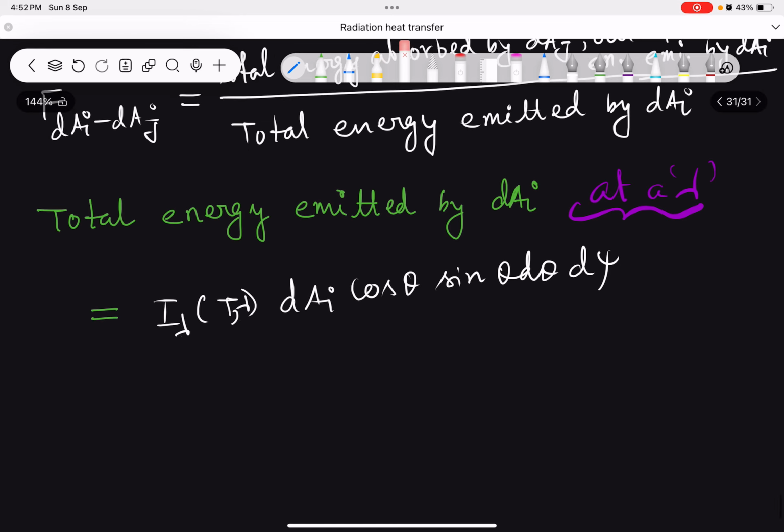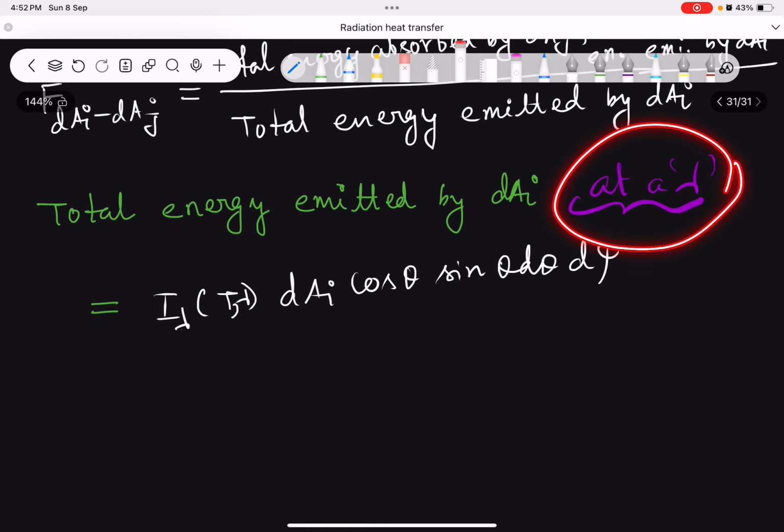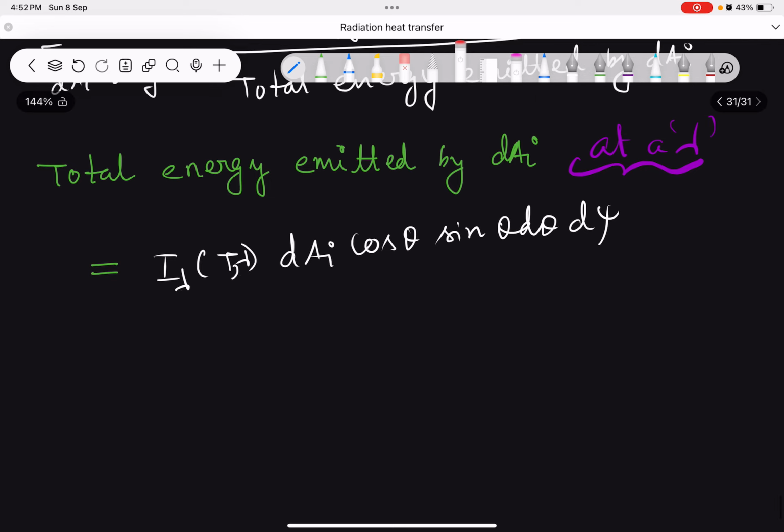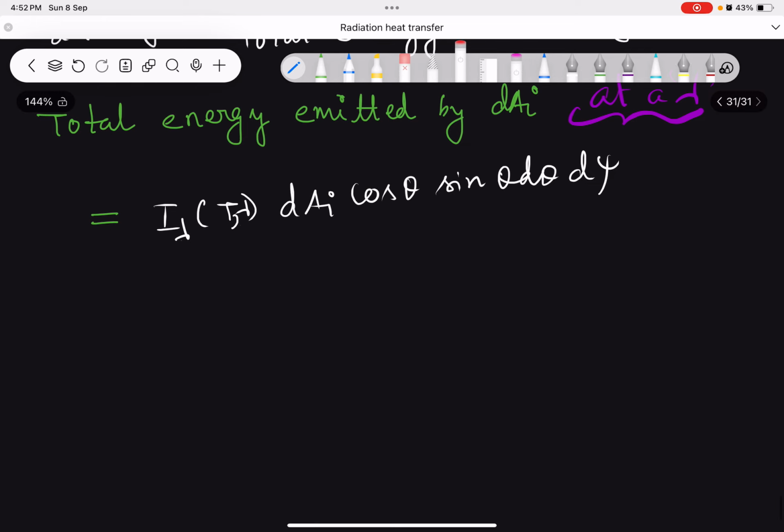So it is at a particular lambda, and therefore I am not integrating with respect to lambda. You can integrate, but there is no meaning of integrating because it is the same analysis for any lambda. So first you do the analysis, then when you are solving the problem, you can integrate. I will show you what I mean by that.